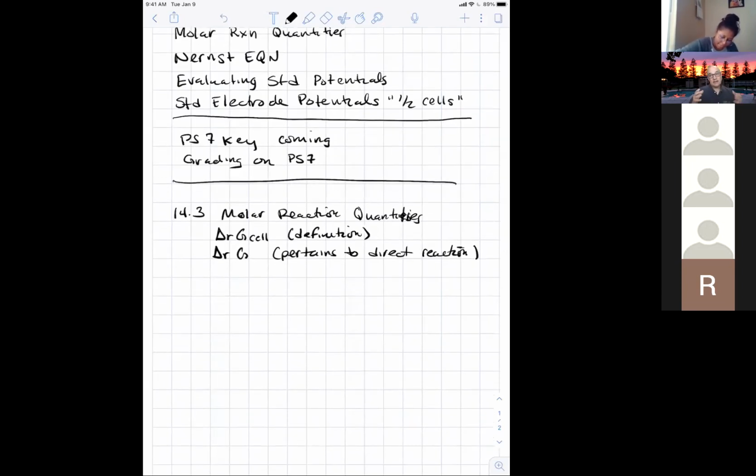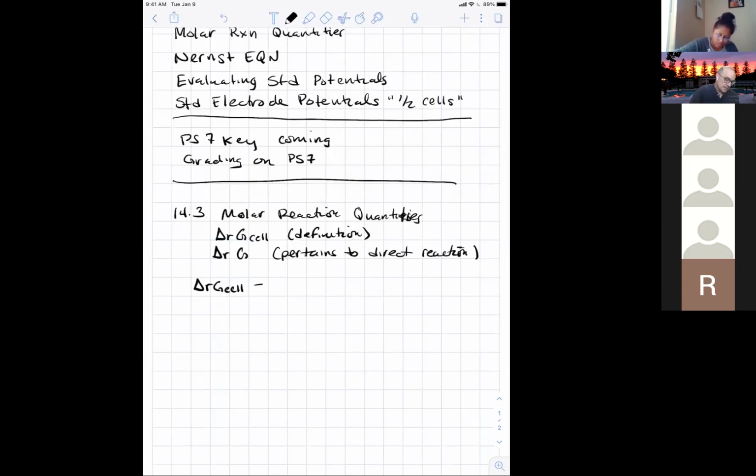The cell is where we have the reactants and products separated, right? Either completely physically or by a barrier that's going to give a junction potential or something. And the direct reaction is where we just throw everything in the same beaker, right? And what we want to do is compare and contrast these two things.